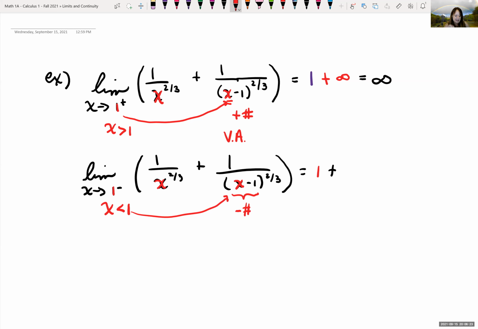And so as I get smaller and smaller and smaller, it's 1 over a very, very small number, but it's a negative number. And that's 1 over a very infinitesimally small number close to 0 is going to go to infinity. In this case, this is going to be minus infinity. So negative infinity plus 1, this is going to be negative infinity. So this tells me that this is shooting downwards at that asymptote.